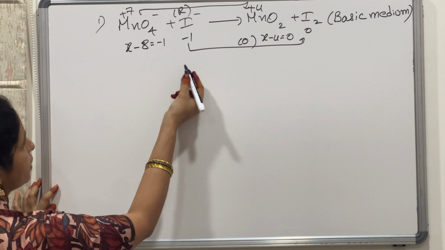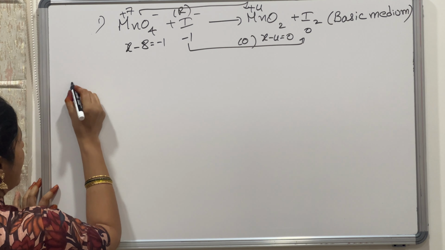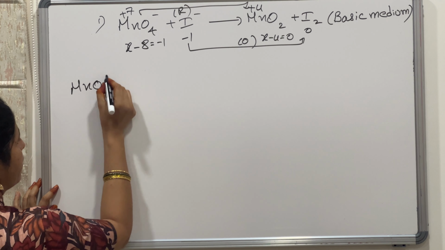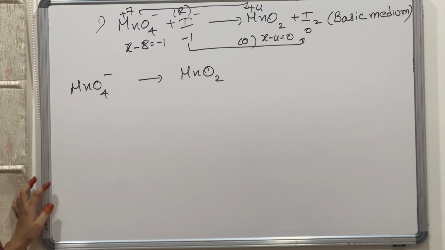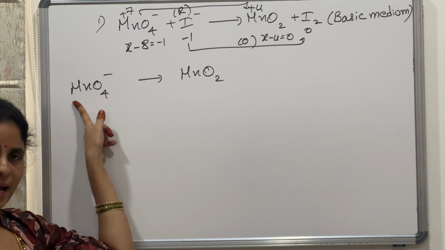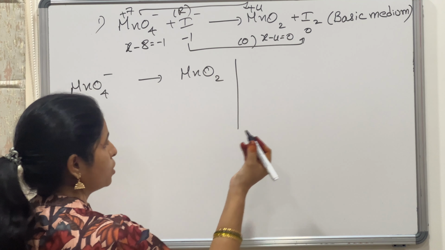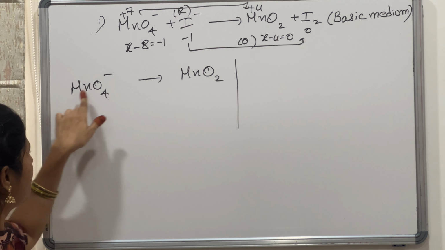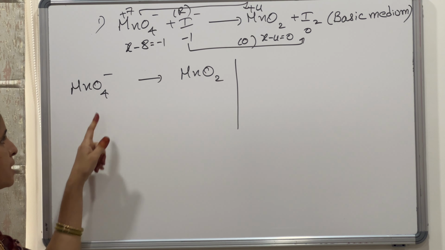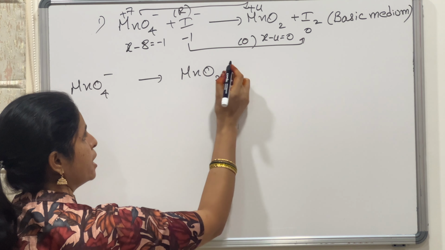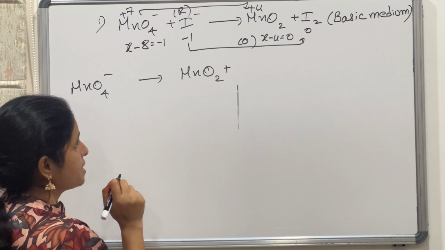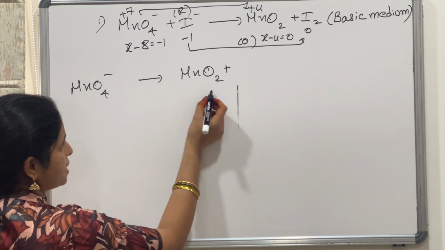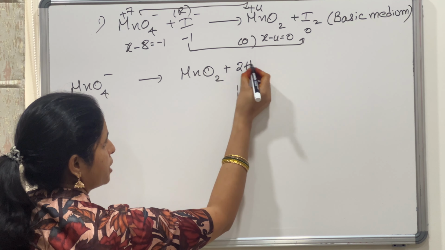First part, which one is undergoing reduction? MnO4 minus to MnO2. So here 1 Mn is there, you follow the same procedure. To balance the oxygens on the other side, how many oxygens? 4 oxygens here, 2 oxygens here, so 2H2O.